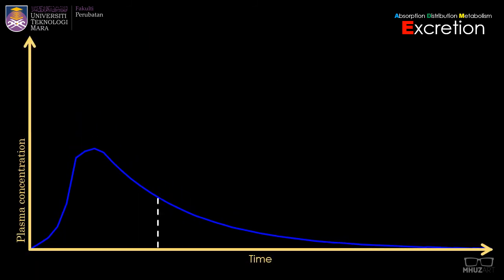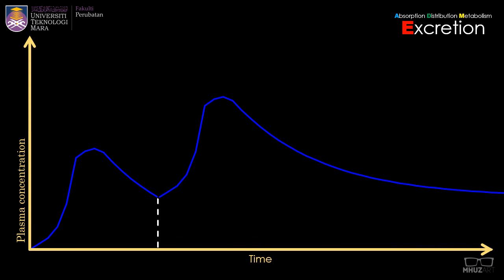As you can see here, this is the original plasma concentration versus time curve. So the dotted line here indicates the half-life. So if we give another dose here, there will be a similar curve, but now at a new baseline, and will produce a higher max plasma concentration, but eventually it will still drop off.